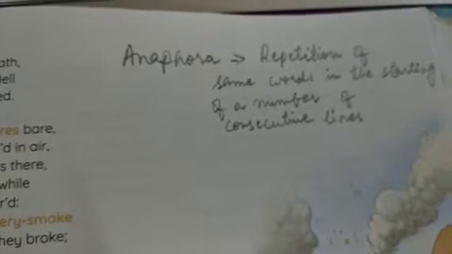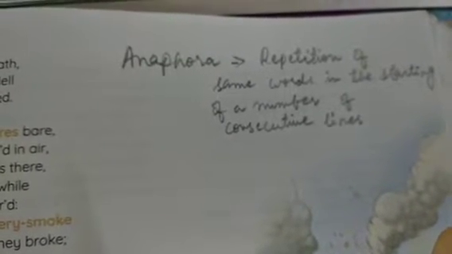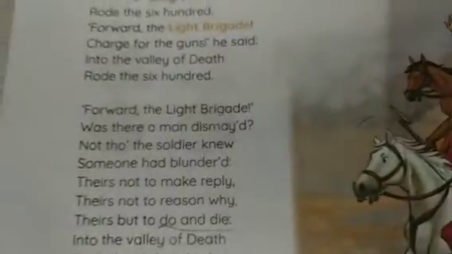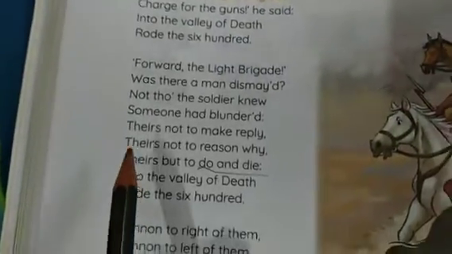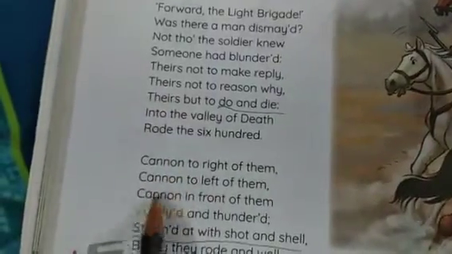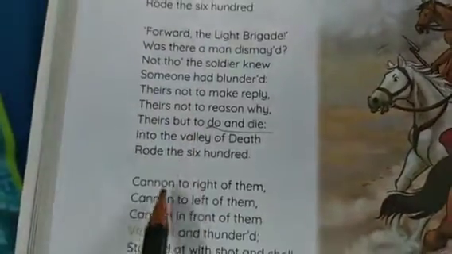It means that the first starting word of consecutive lines is repeated. Here you can see the first word is repeated in consecutive lines. Theirs, theirs, theirs. Then here cannon, cannon, cannon. So these are the examples of anaphora.